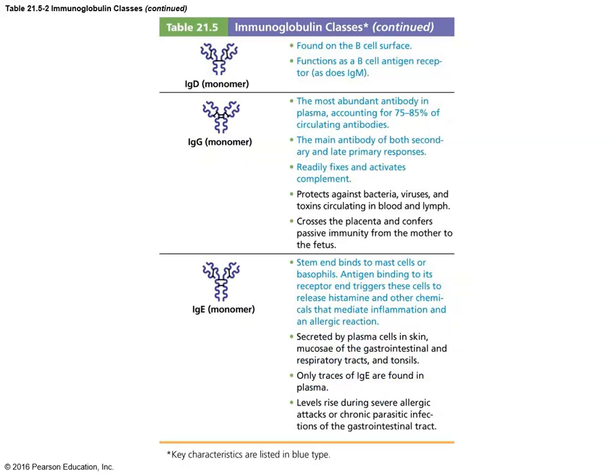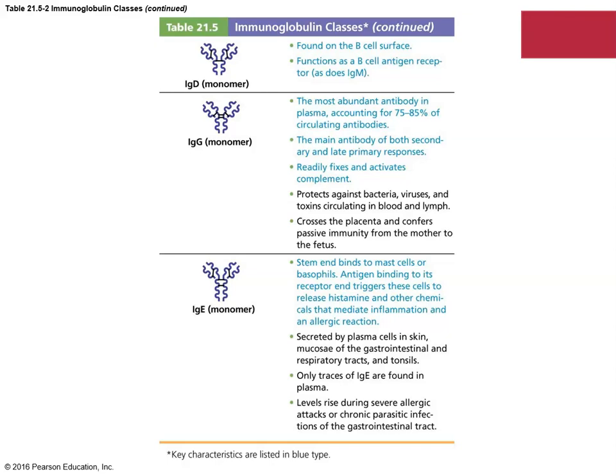IgD is an antigen receptor on B cells. IgG is the most common antibody that you would find in the plasma, accounting for three-quarters or more of all of the antibodies in circulation.